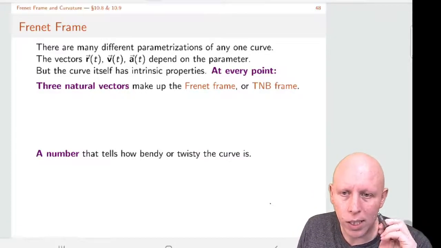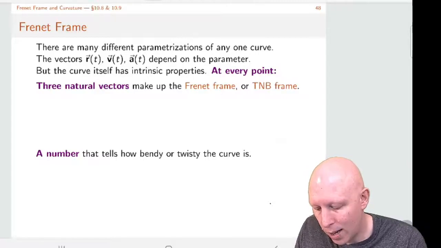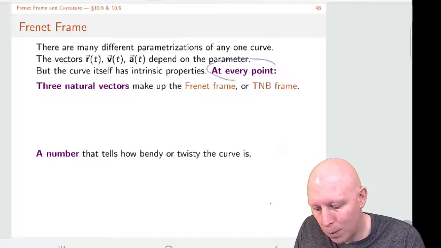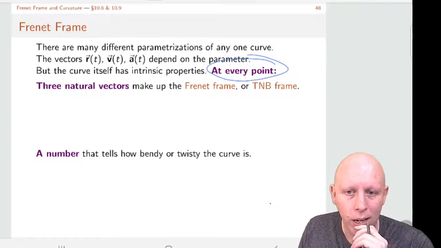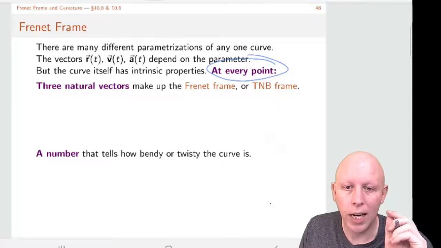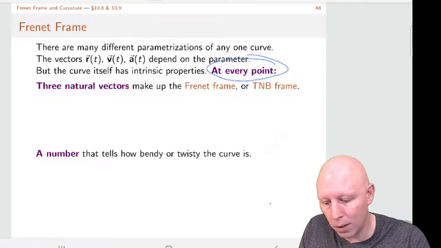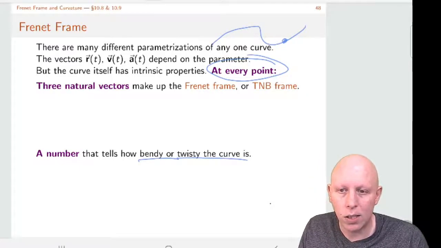What we're going to see is that there are three natural vectors that occur at every point. They're going to be called the Frenet frame or the TNB frame, and there's some number associated to the point on the curve that says how bendy or twisty the curve is.